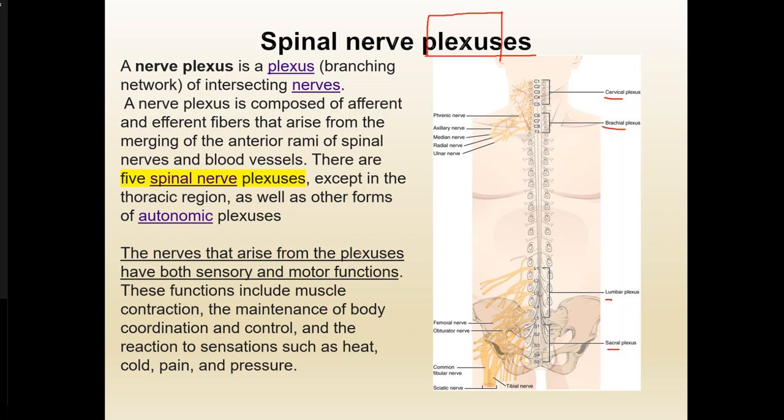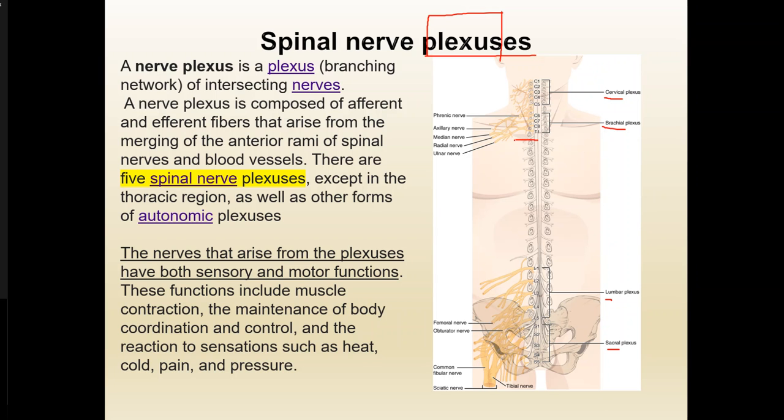I have already named the major plexuses. They should really be plexi, but this is a little bit Americanized. Anyways, the ones that I want you to remember are at least these 4.